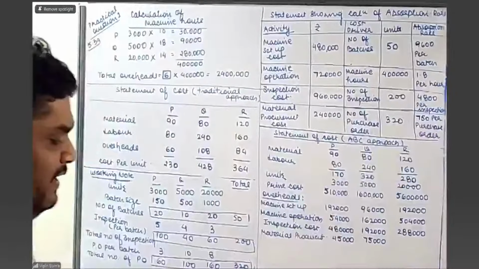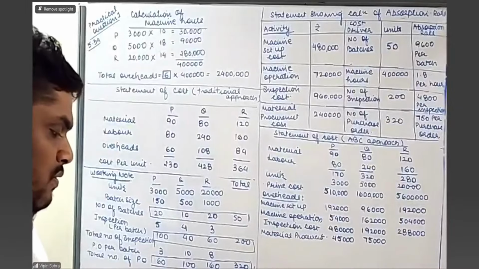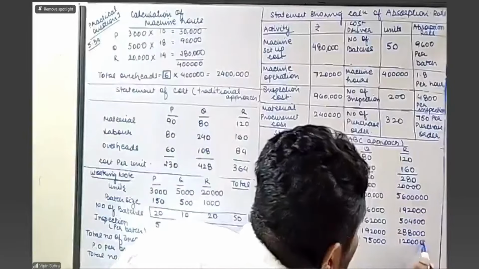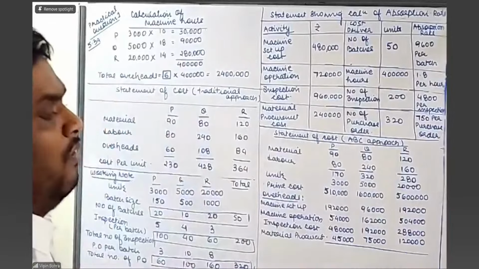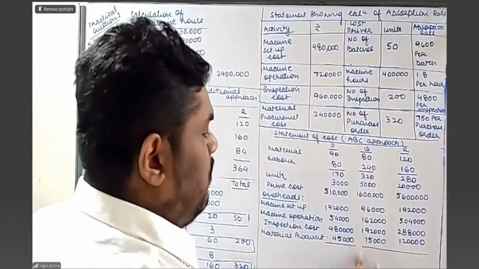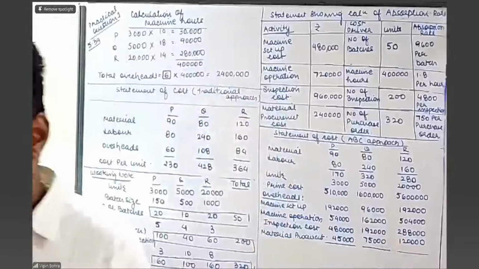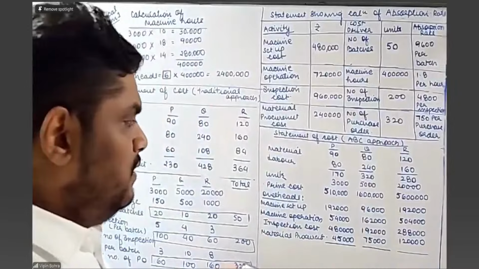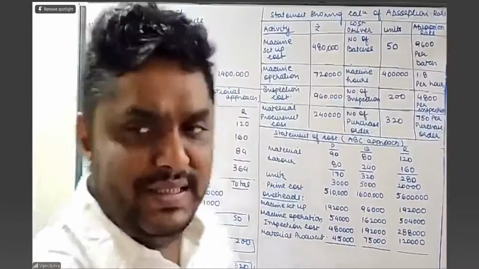And 750 into 160. This will be 1,20,000. So we can easily calculate the total cost. So 5,10,000. One second, guys.